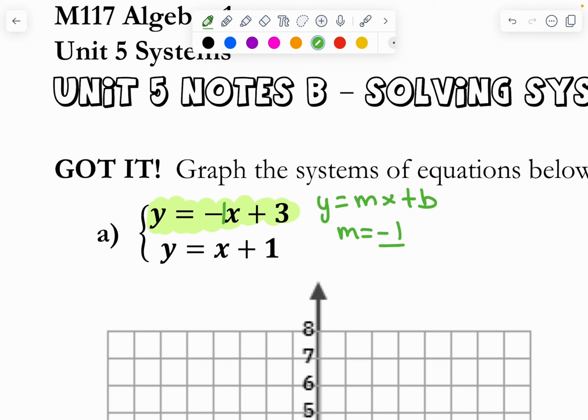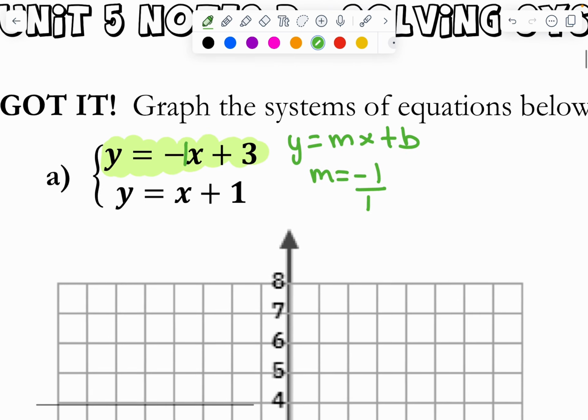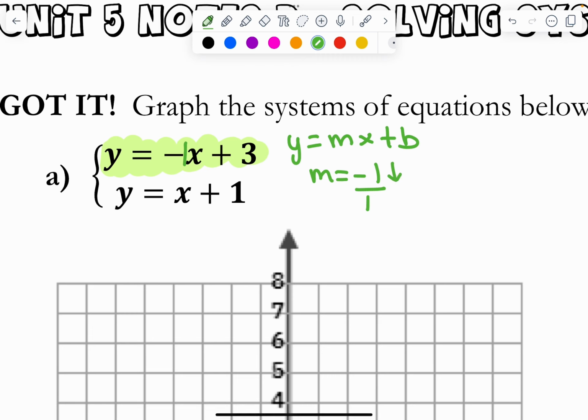But remember, whenever it's a whole number, we like to divide that by 1. So negative 1 over 1 is my slope, essentially. I know that when I get to it, I'm going to go down because it is negative, and to the right because we always go to the right from the denominator. My b is the number all by itself, the plus 3. So b is 3.